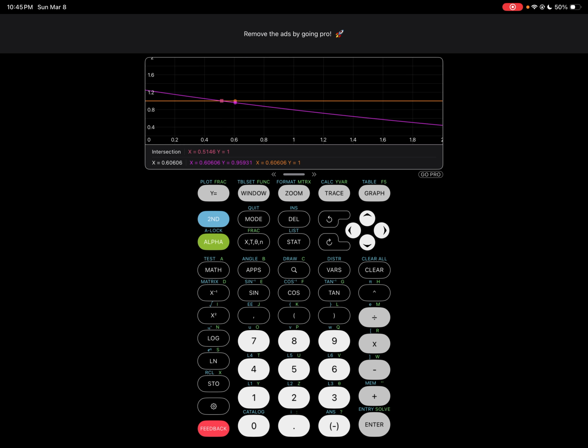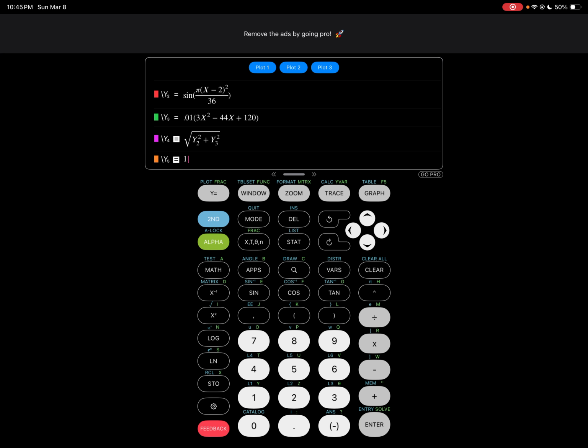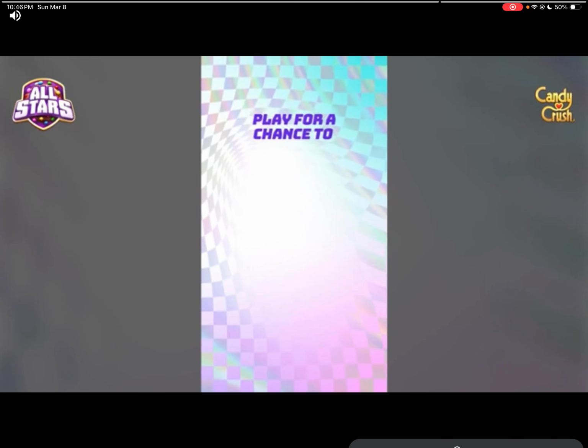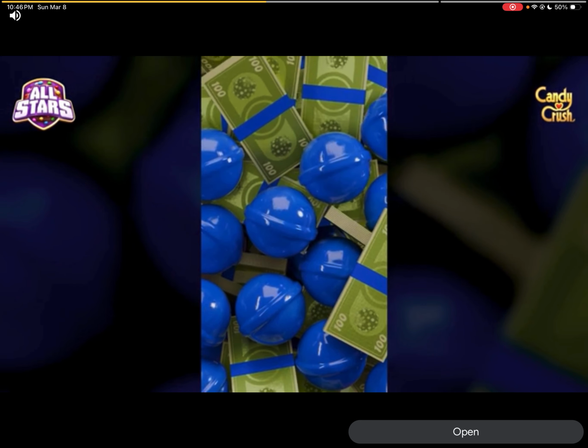Now, remember our little trick: if you did not do anything with your intersection and you still have x equal to 0.5146, the 84 will read that as 0.5146. Okay, so then all you have to do here is just take the derivative of y2 and take the derivative of y3 with respect to 0.5146. So, oh great, and add.